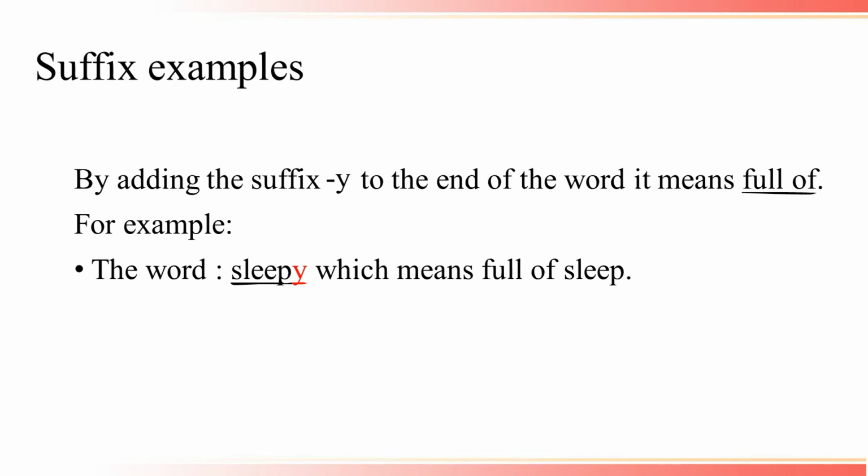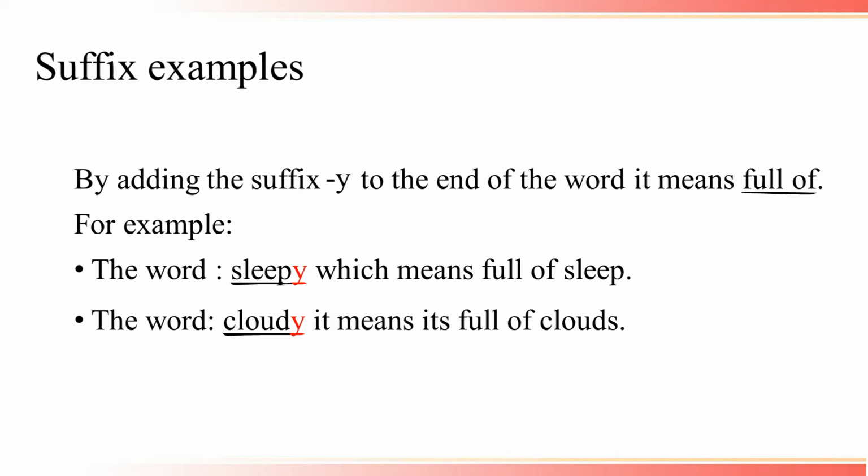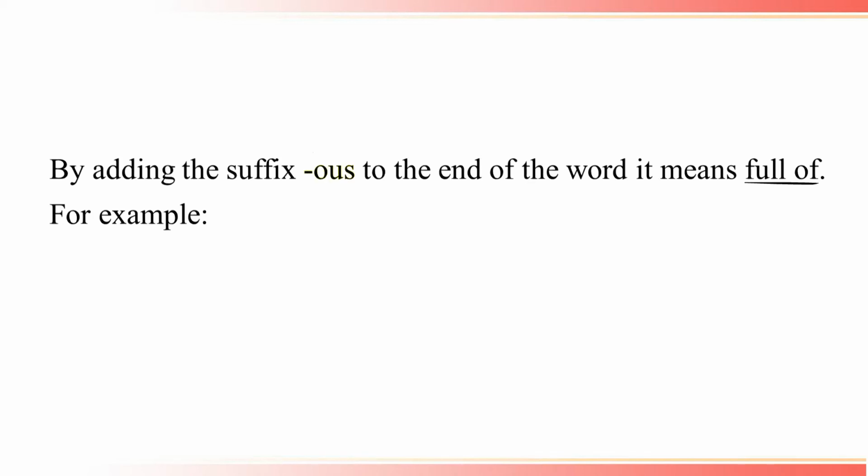This is the original word, but by adding the suffix y, it becomes sleepy, which means full of sleep. Another example is cloudy. The original word is cloud, but by adding the suffix y, it changed the meaning, so now the word means full of clouds.